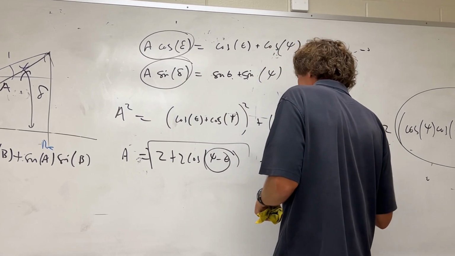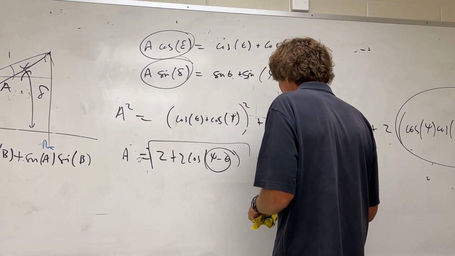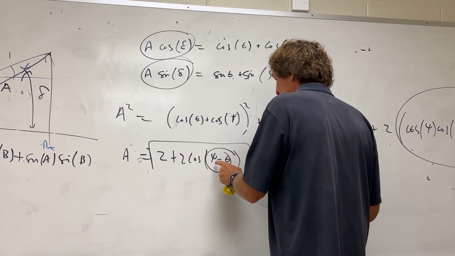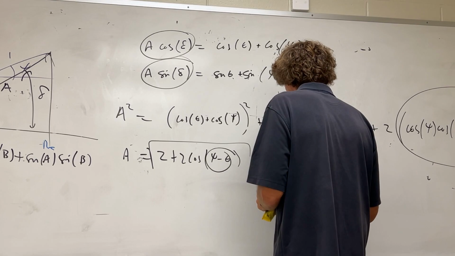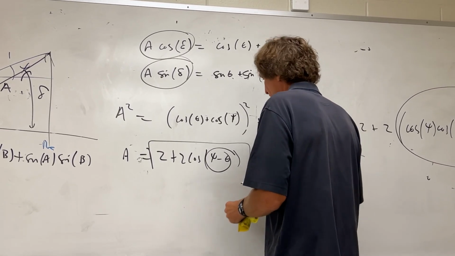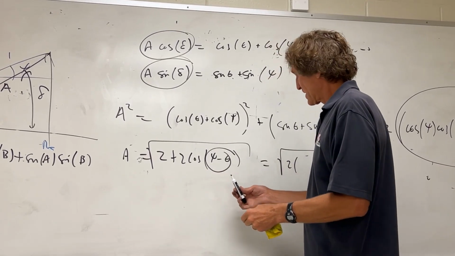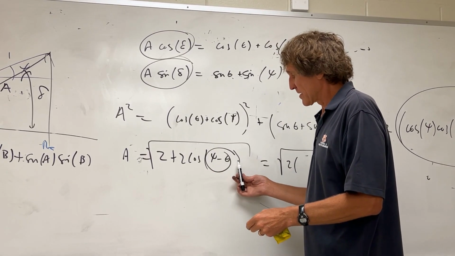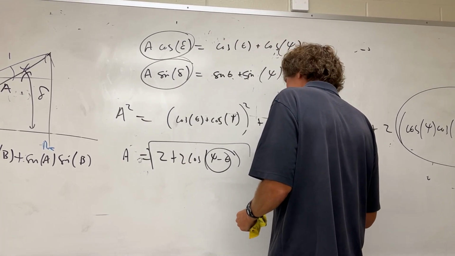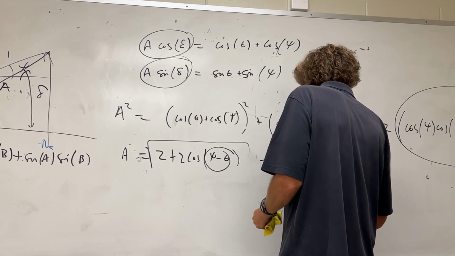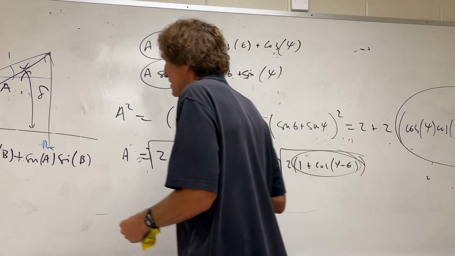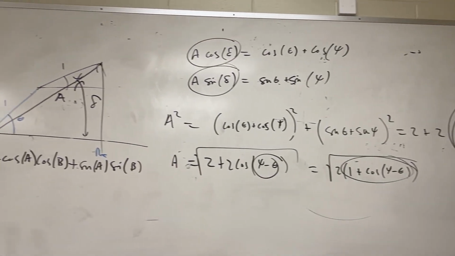He made a mistake in the book here. So this is really going to be equal to 2 times 1 plus cosine of that, which makes that a double angle, right? Just look at this. Really what I should do is I have 1 plus cosine of psi minus theta. Look at that, and look at this.